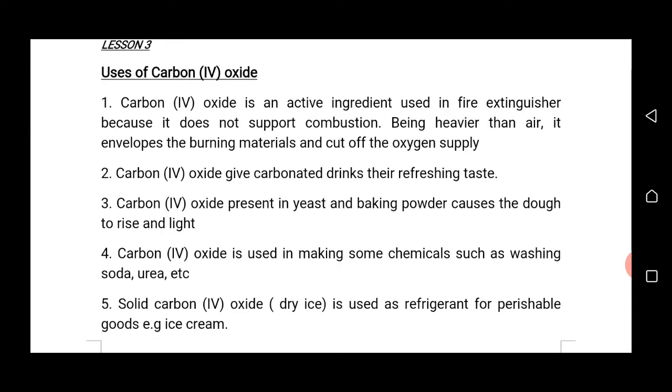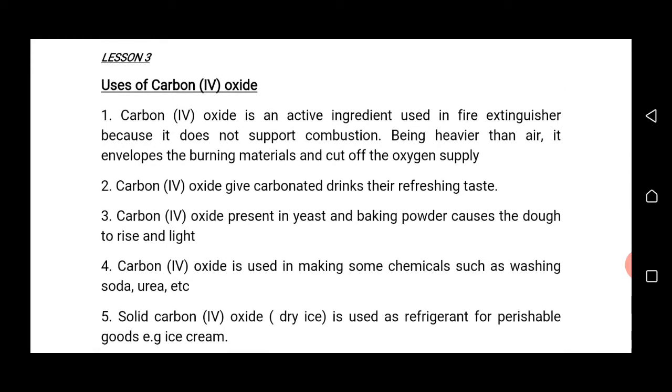1. Carbon 4 oxide is used as fire extinguisher. Carbon 4 oxide is an active ingredient used in fire extinguisher because carbon 4 oxide does not support combustion. The reason why carbon 4 oxide is used in the production of fire extinguisher is that CO2 or carbon 4 oxide does not support combustion.